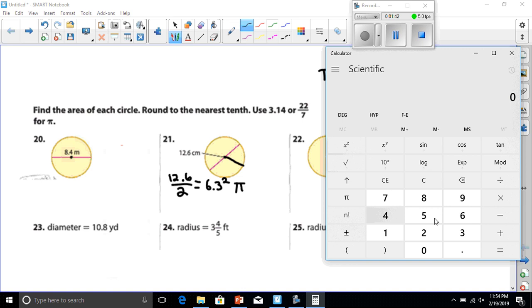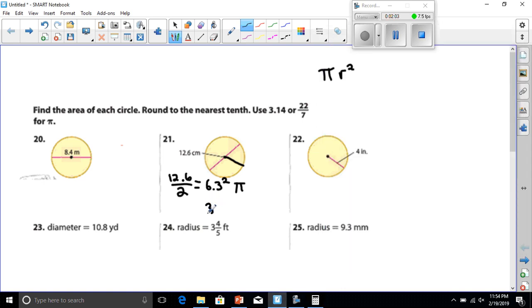I've got 6.3, and now we look for the square button. As you can see, the square button is right there, x squared. So that will be 39.69.